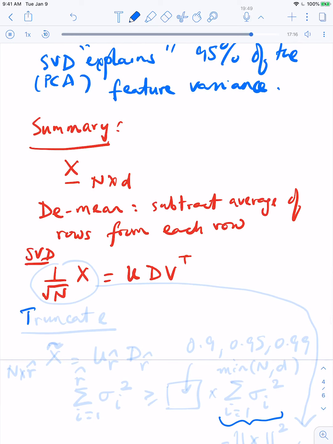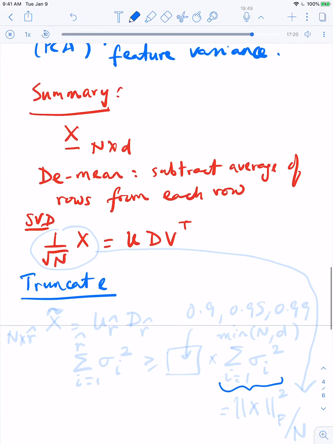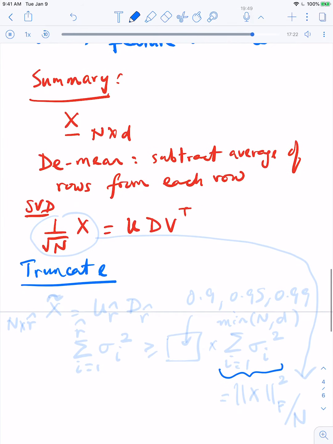Then you truncate based on some criterion, and you would get U r hat D r hat as your new X tilde. And how would you truncate?